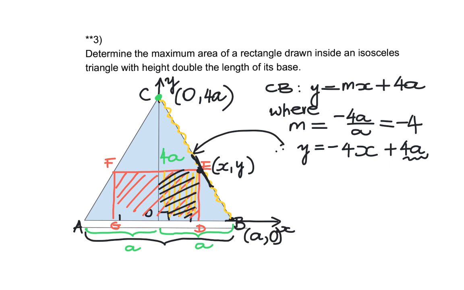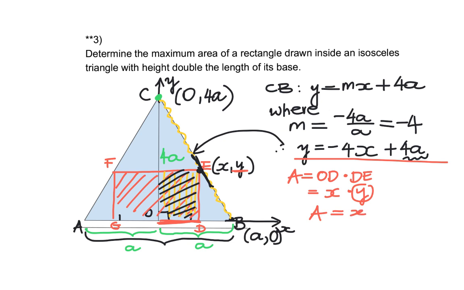Now I can look for the area of half of my rectangle, which is then OD times DE. OD is x, DE is y, but the y coordinate of the point E is the same as my equation of a straight line. So that area is x times minus 4x plus 4a.